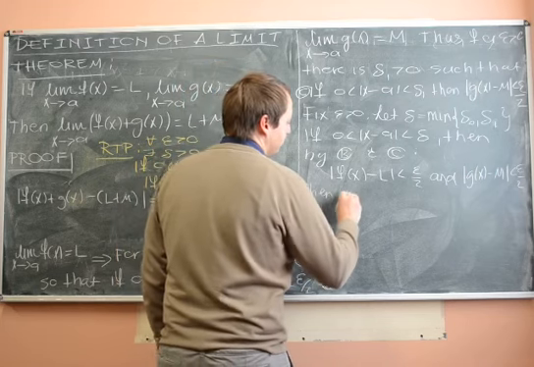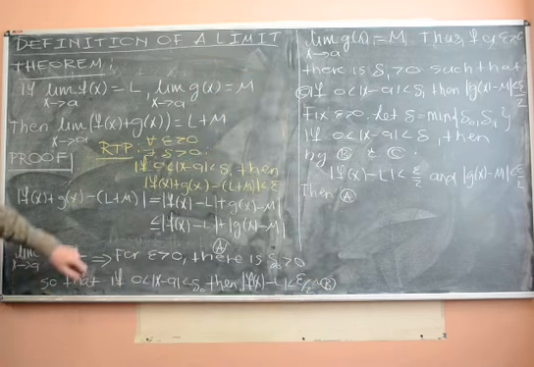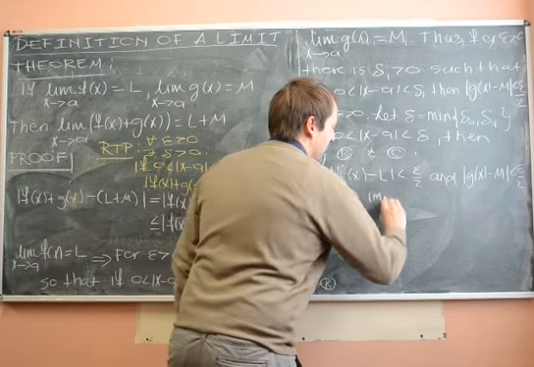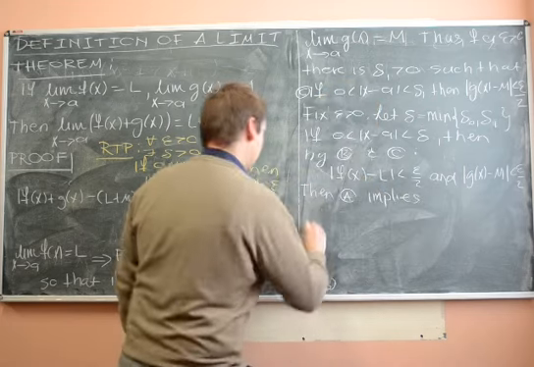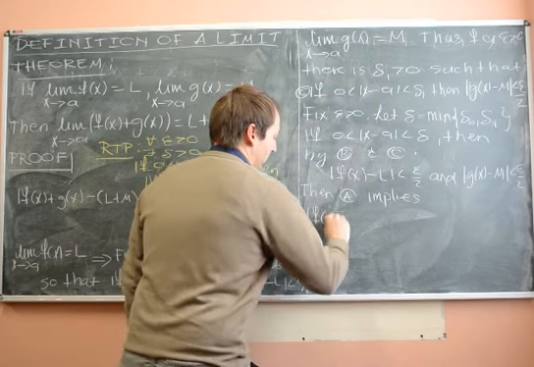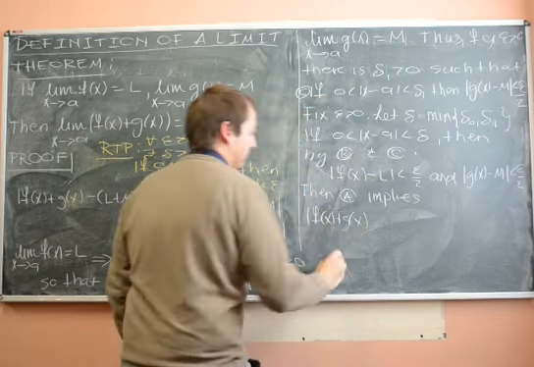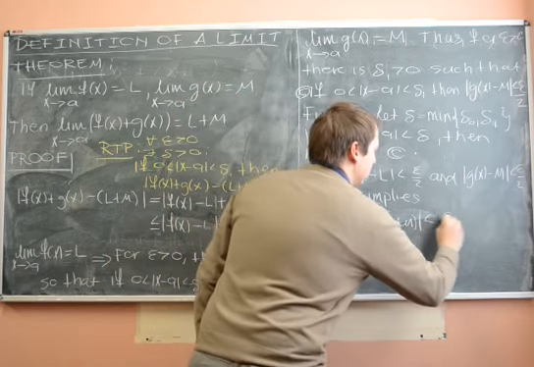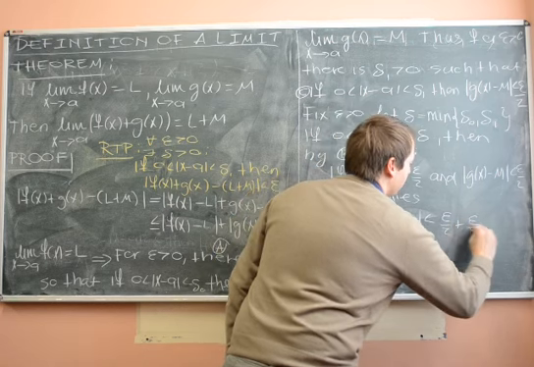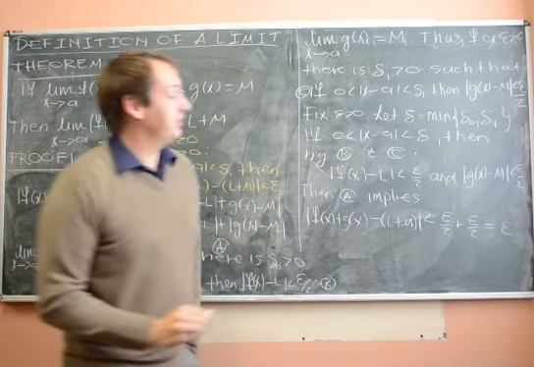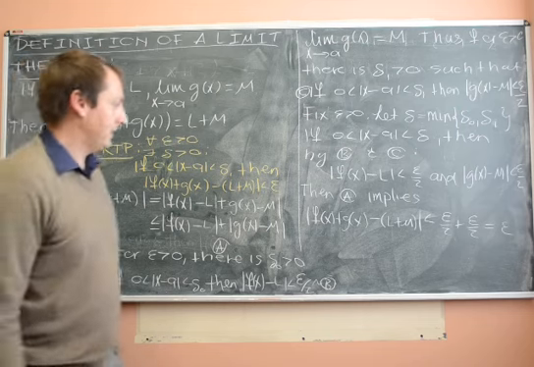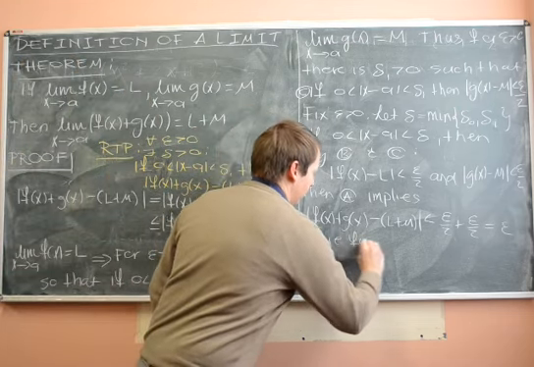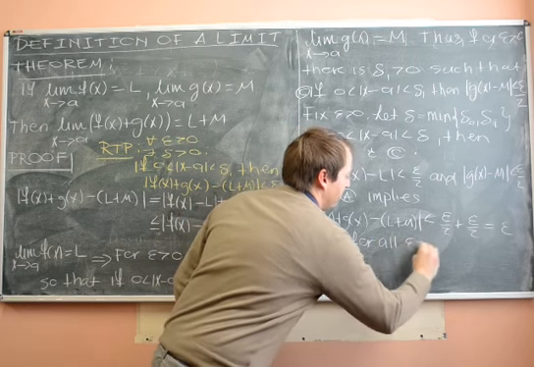Then our first inequality A implies that the absolute value of f of x plus g of x minus L plus m is less than epsilon over 2 plus epsilon over 2, which equals epsilon. So this is true for all epsilon bigger than 0.